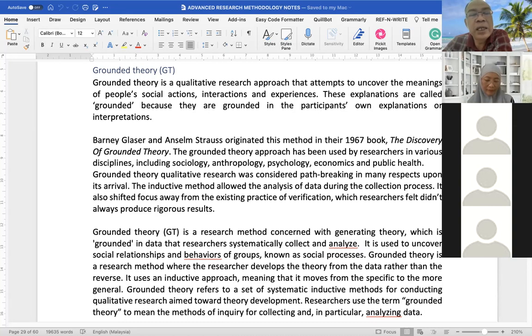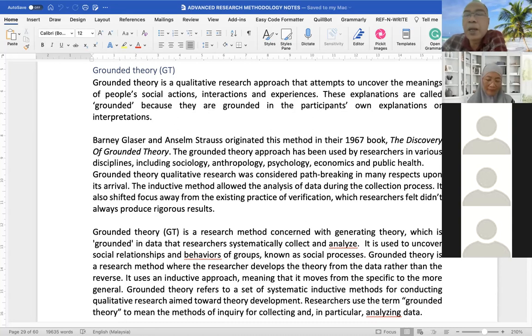Barney Glaser and Anselm Strauss originated this method in their 1967 book, The Discovery of Grounded Theory, right? So the grounded theory approach has been used by researchers in various disciplines, including sociology, anthropology, psychology, economics, public health.